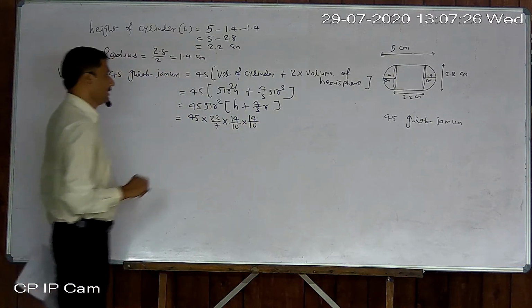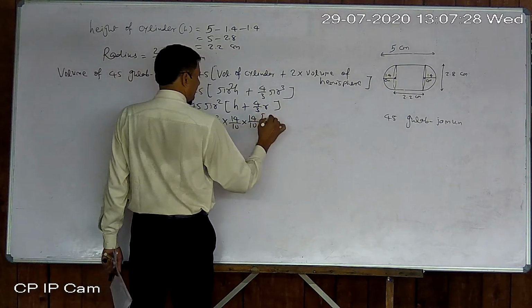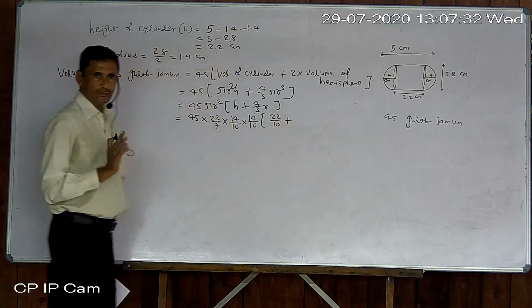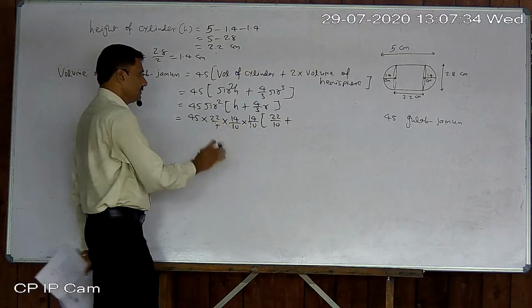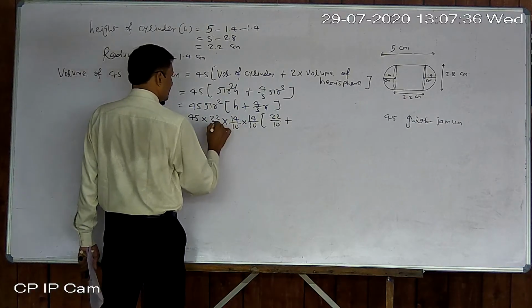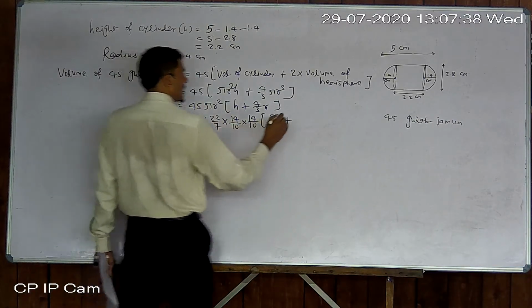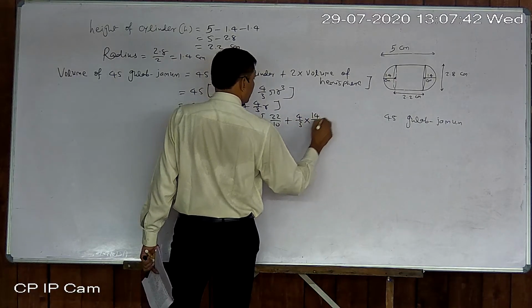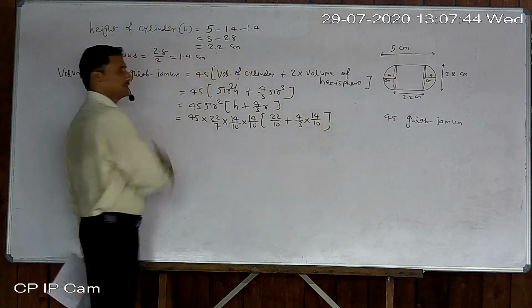Now height is 22 by 10. I just keep the fraction only. Then 4 by 3 into 14 by 10 for the radius.